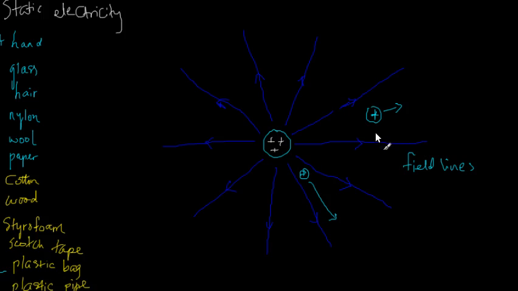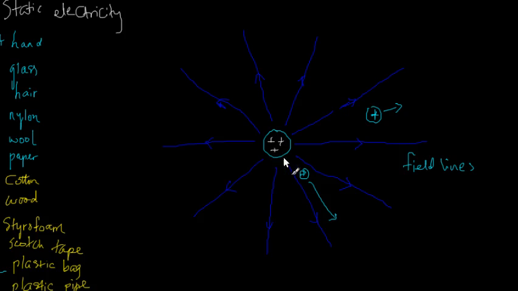So when the field lines are closer together, that's supposed to represent that the electric force there on a charge would be stronger. Where the field lines are further apart, that's supposed to tell us that if you have the same charge there, the electric force would be smaller.